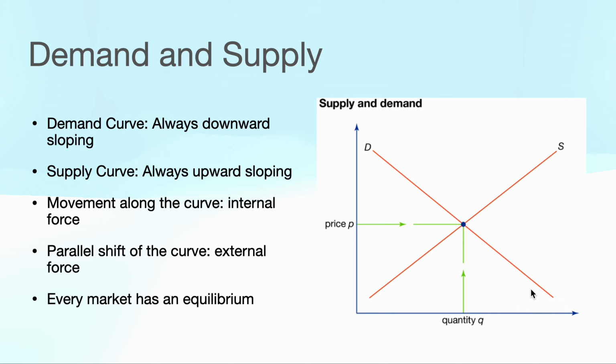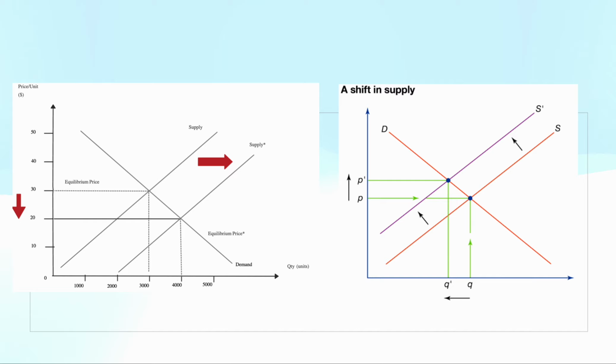The second type of movement is a parallel shift of the curve, which I have examples of here. On the left, you can see a parallel shift of the supply curve. And this will be due to something external. For example, suppliers set up a new factory, or there is a tax cut on the suppliers, and they are now willing to produce more at every price point.